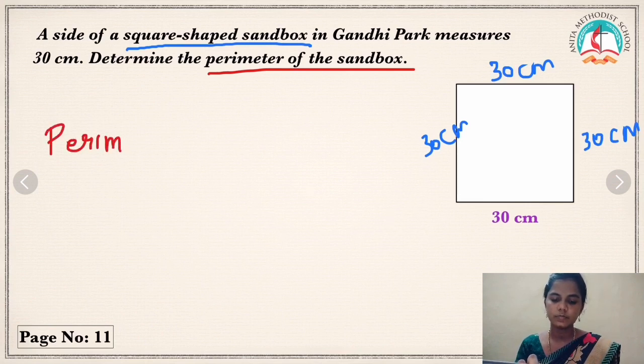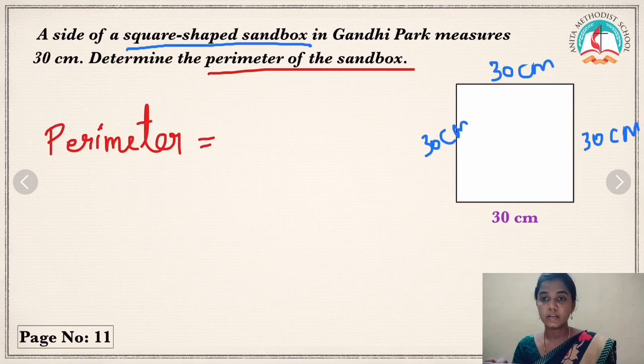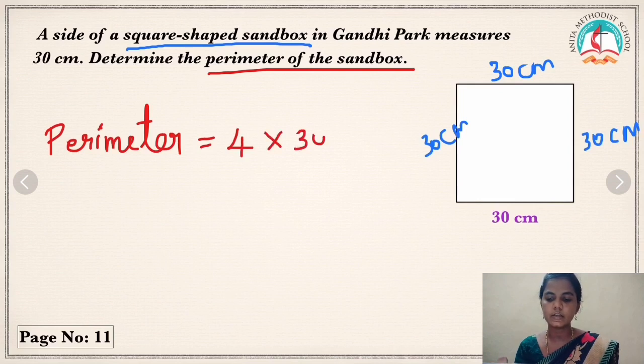So perimeter equals to, how will you find? The easier way I already taught in the video when I taught this lesson. Okay, so here that is 4 times I have 30, so I can easily write 4 times 30 centimeter, which is equals to 120 centimeter.